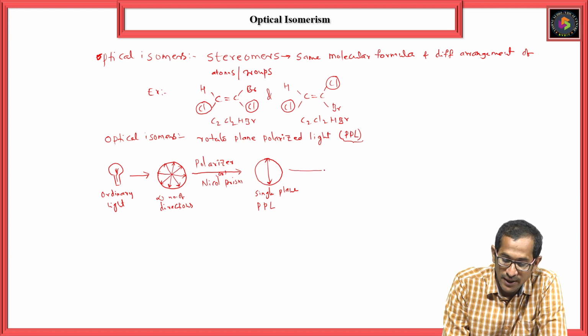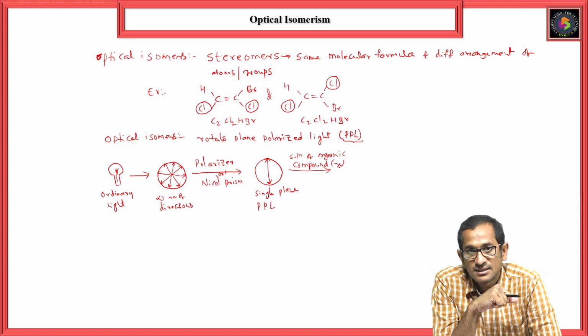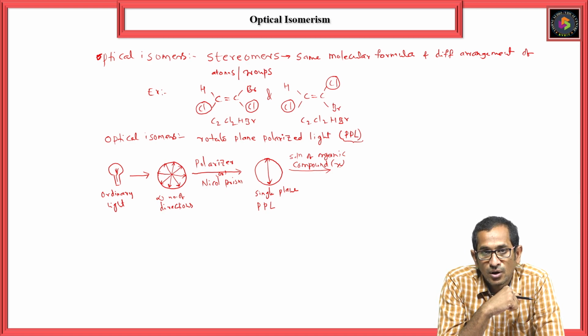Now, this plane polarized light is passing through a solution of a sample, a solution of an organic compound, let's say X. Here X is the organic compound. Now we are going to check whether the compound X is optically active or not.